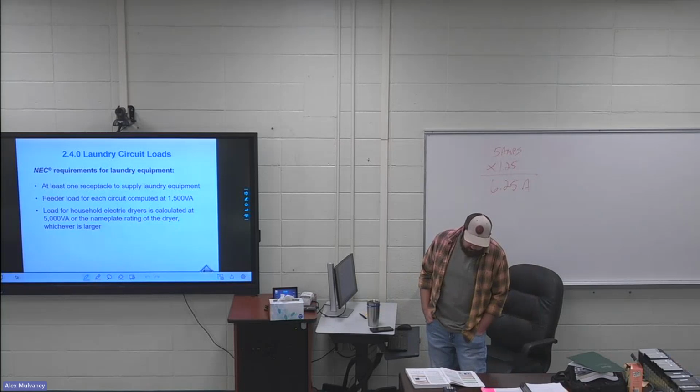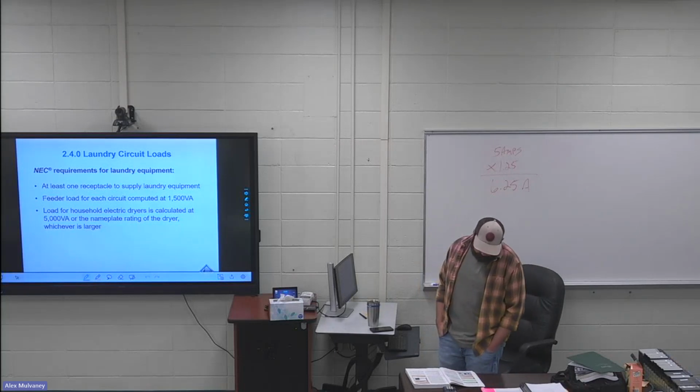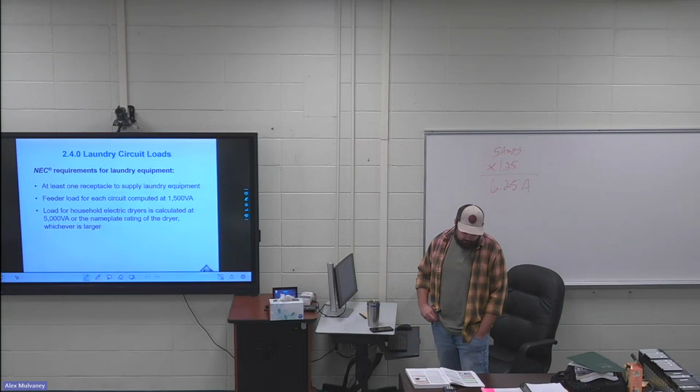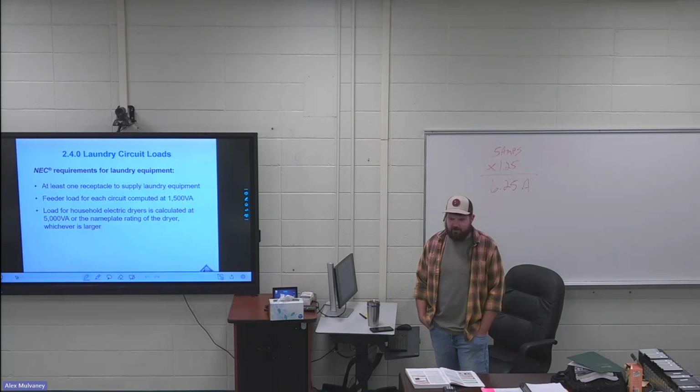Next paragraph, first sentence is highlighted. As specified in NEC section 220.54, the load for a household electric dryer must be calculated at either 5,000 volt amps or the nameplate rating of the dryer, whichever is larger. Most of the time, all your dryers are going to be under 5,000 watts or 5,000 volt amps.